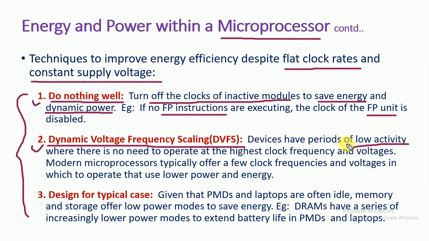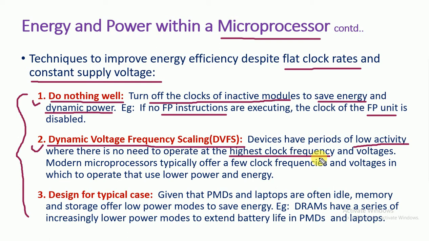Some devices have periods of low activity where there is no need to operate at the highest clock frequency. Some modules within the processor are only slowly active, meaning not frequently active. For those devices, we don't need to operate at the highest clock frequency.